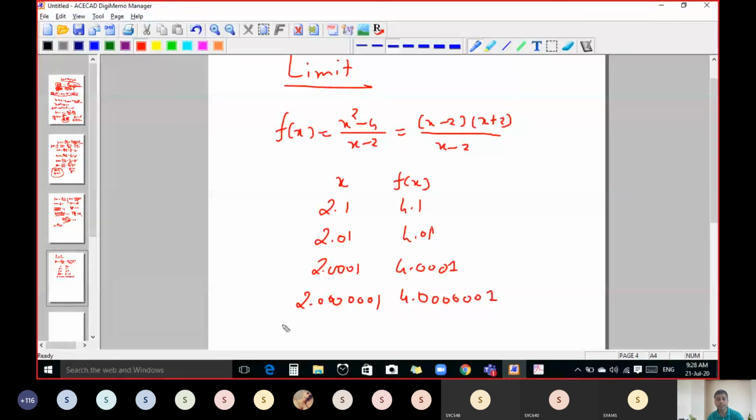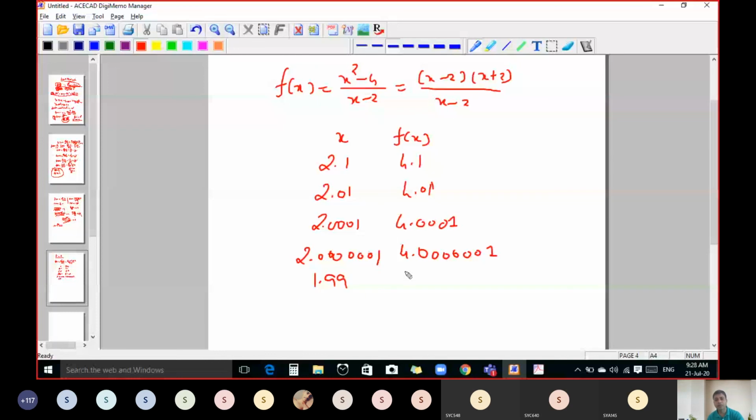If we put x equal to 1.99, now listen, 1.99 minus 2, that is minus 0.01. There also we get minus 0.01. It is cancelled and we get answer 3.99.